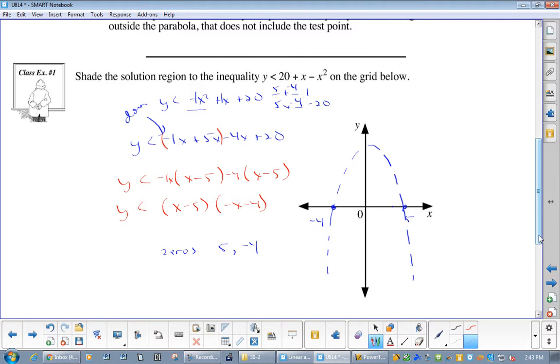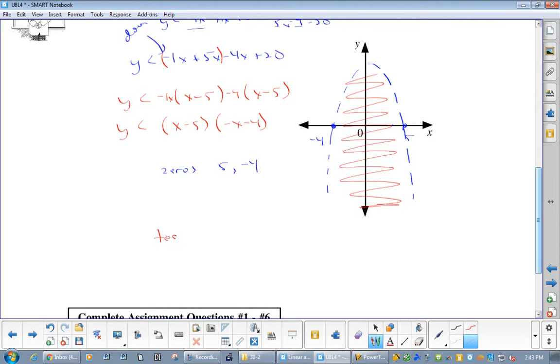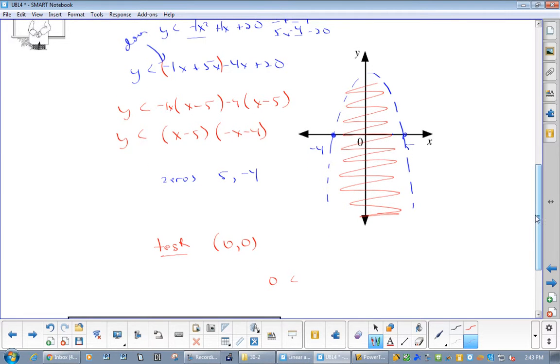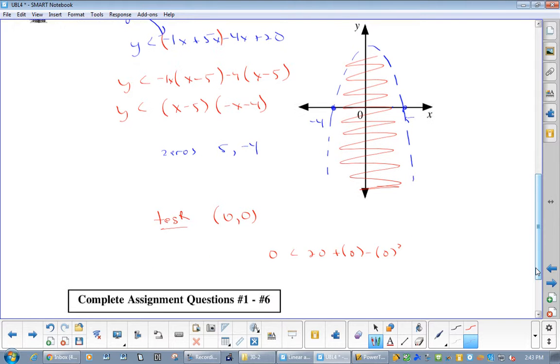So we should be shading here. Give me a test value. I need to test with 1 point. (0, 0), be good to yourself, right? Why pick negative 2.73 and 15.2? So (0, 0), test it in the original. 0 is supposed to be less than 20 plus 0 minus 0 squared. Is 0 less than 20? Yes. So your test point (0, 0) did work.